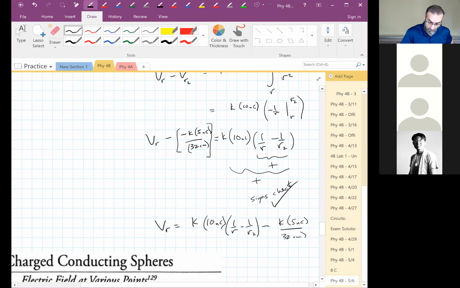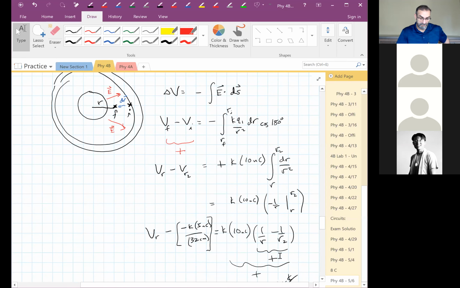Hi, Professor. Yes. I get a different sign from you. Can we go through the sign one more time from the equation you have? Because cosine pi, cosine 180 is negative. So that negative with the negative before that become positive.